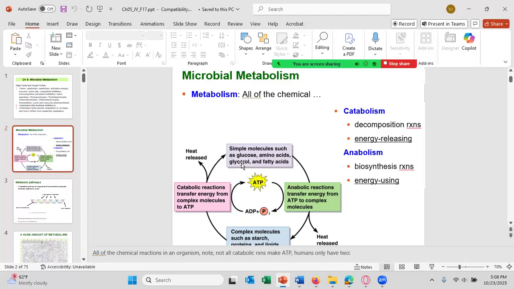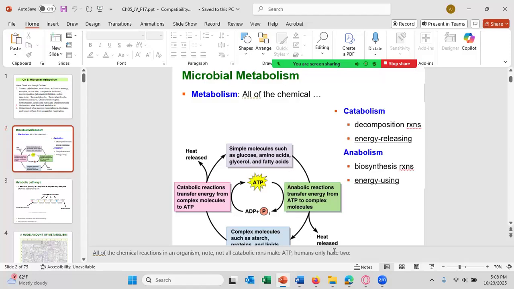All right. The second component of metabolism is anabolism. That is a biosynthesis reaction where a smaller molecule, such as glucose, is put together to make a larger molecule, such as starch. Now, whenever energy is changed from one form to another, such as the energy in glucose to the energy in starch, some of that energy is changed into heat.